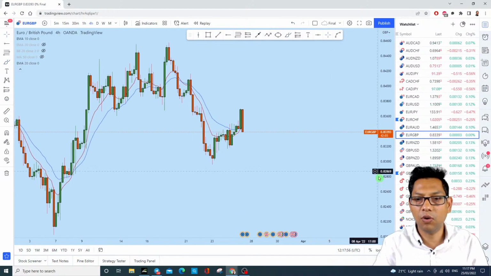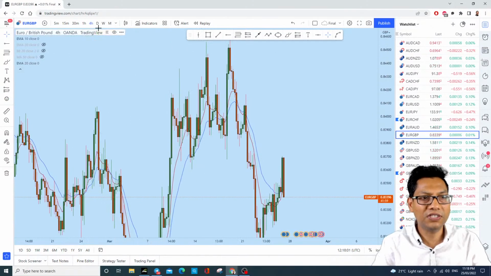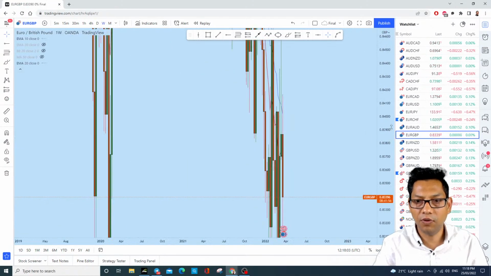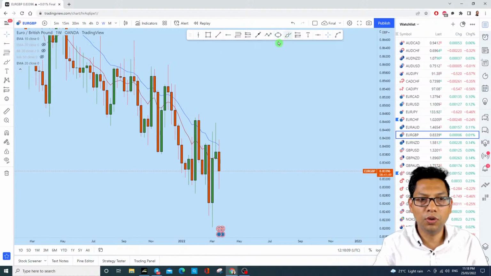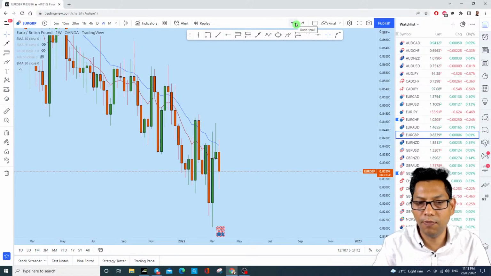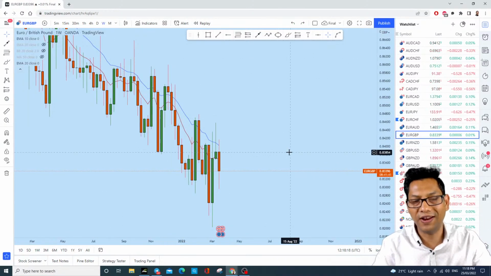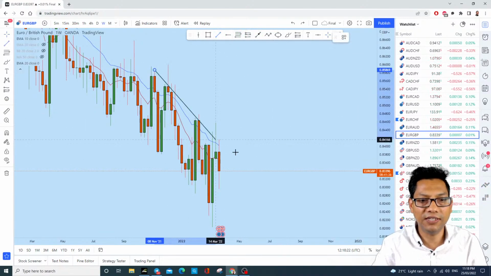And let's see now what happened currently. Let's see the bigger picture, the weekly time frame. Okay, weekly, Euro GBP, look at this. First of all, overall Euro GBP is in a downtrend, so always think of selling, not buying, in Euro GBP. So far it's a big downtrending market, and in this downtrending market this is the resistance.